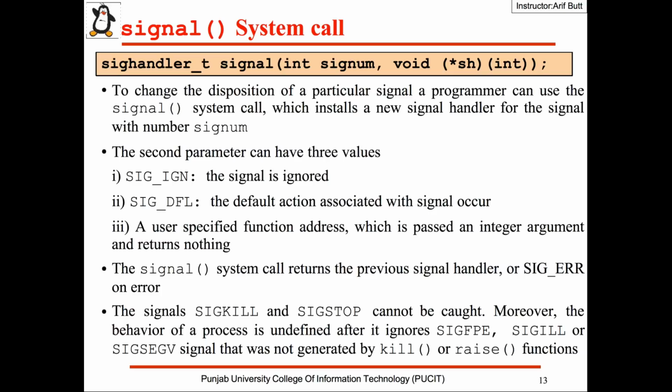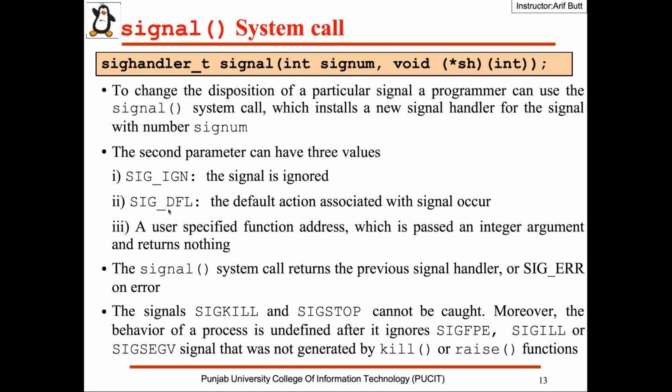Well, dear students, if being a programmer you want to change the disposition of a specific signal, you can use the signal system call. The first argument to the signal system call is the signal number whose disposition you want to change. The second argument can be SIG_IGN, that means you want to ignore the signal.